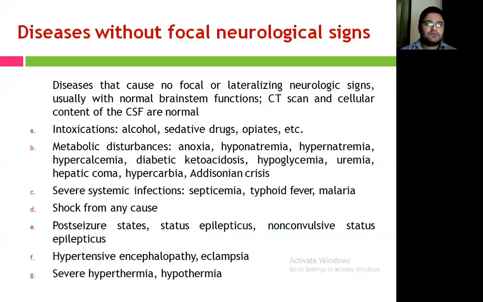Severe systemic infections like septicemia and typhoid fever, if they last a few days, can also present with unconsciousness. Others are malaria, shock from any cause, such as septicemic or anaphylactic shock, post-seizure states, hypertensive encephalopathy, and severe hyperthermia. These are the causes where you won't find any focal neurological deficit.